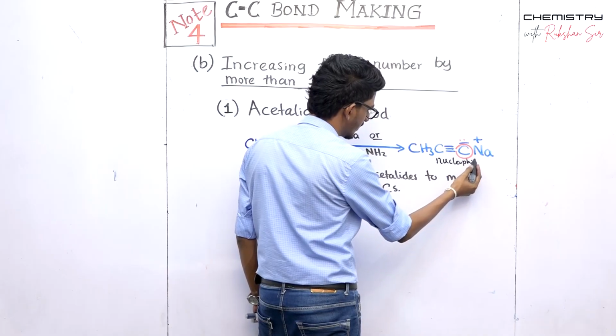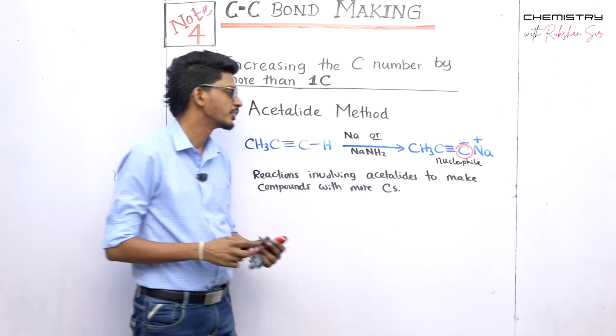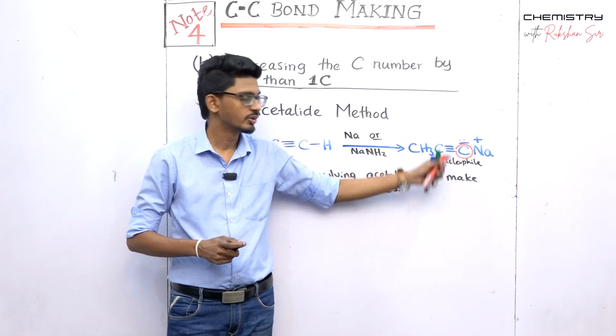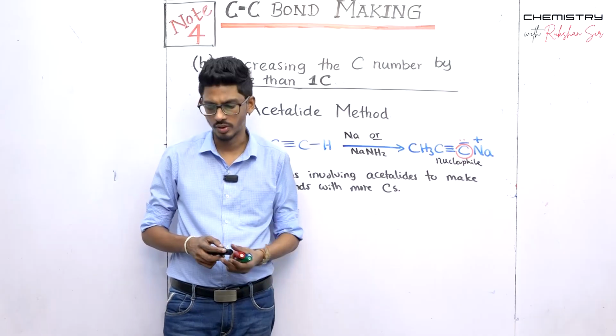The nucleophile can be used to attack positive carbons, like in Grignard. It is also able to attack positive carbons in your organic compounds.